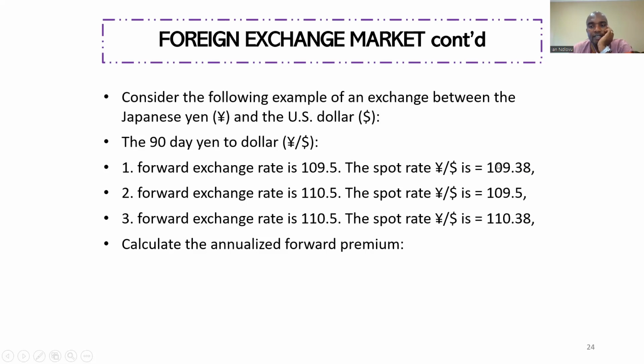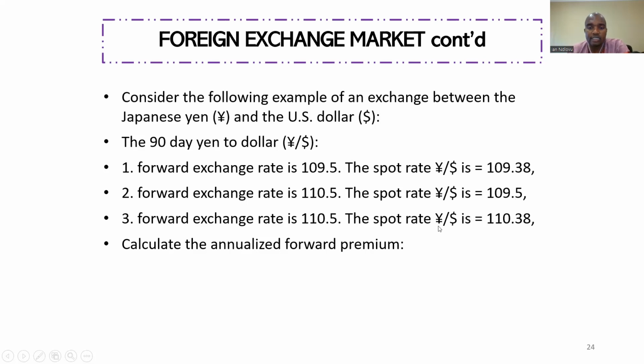In the first scenario, the current exchange rate, before we commence counting these 90 days, is 109.38. It means today the exchange rate between the USD and the Japanese yen is 1:109.38. And the spot rate for the second scenario, with a forward rate of 110.5, is 109.5.